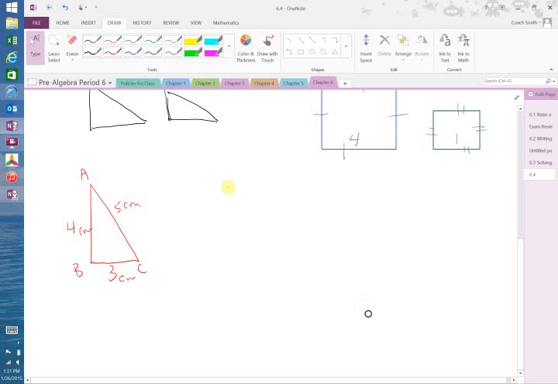Okay, and then over here we had 4.5, 7.5 centimeters, and 6 centimeters.